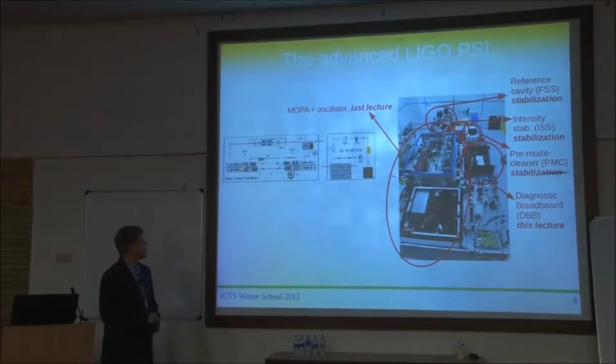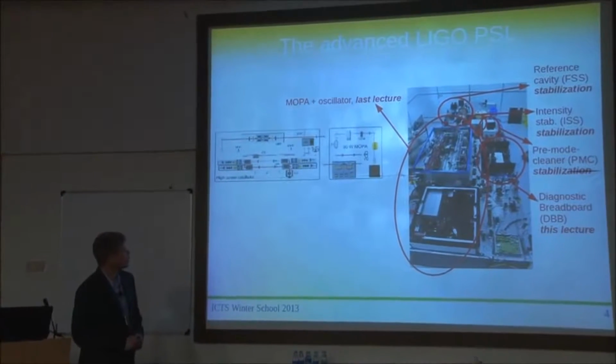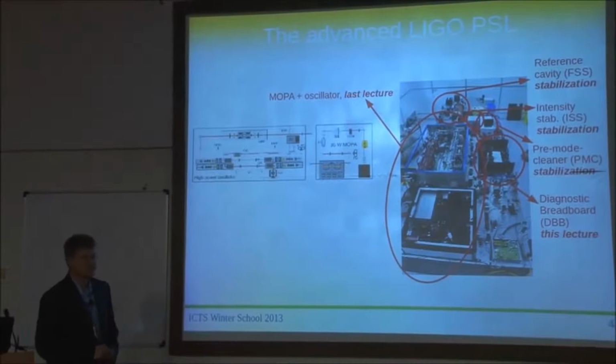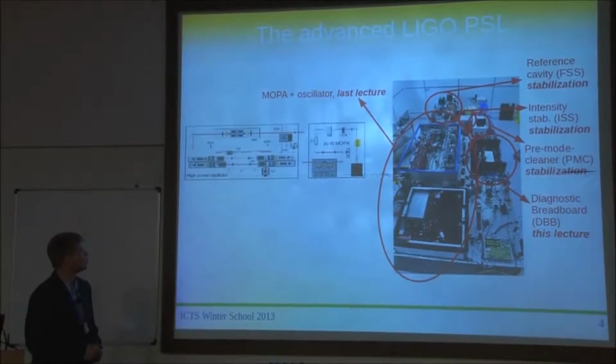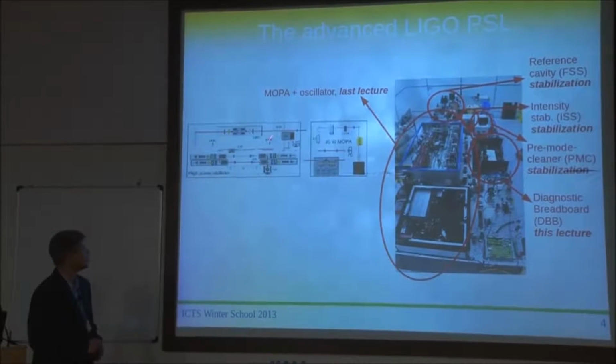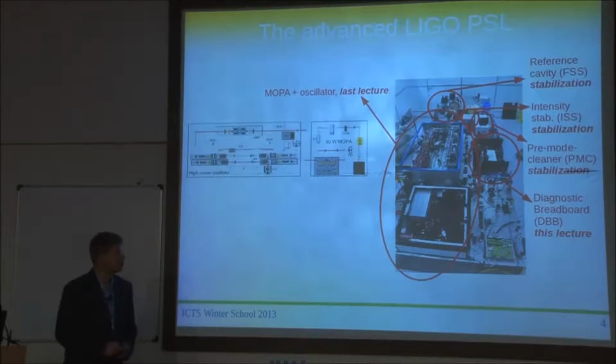And then we have this high power oscillator, which is injection locked to this system, and so we end up with a stable 200, or actually a bit less than 200 watt output power, a high power output beam with a nice beam profile.